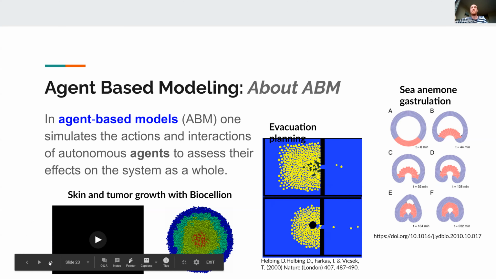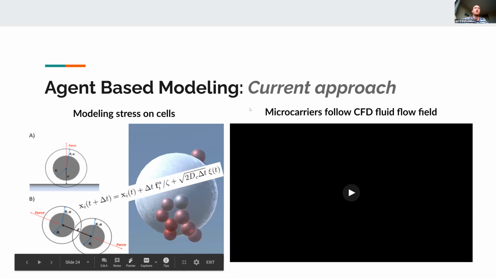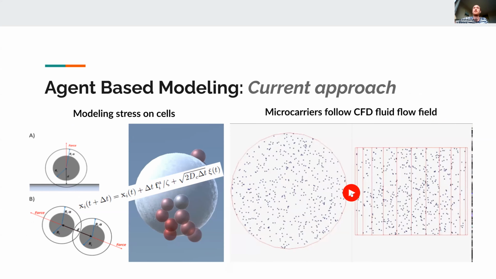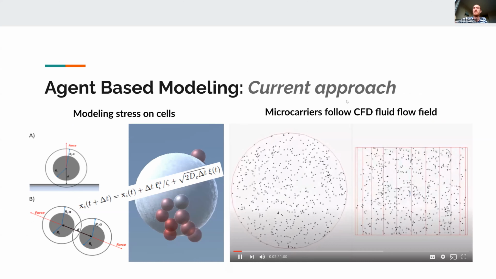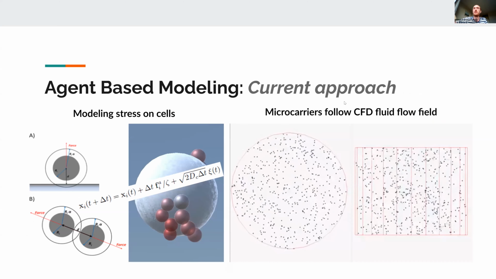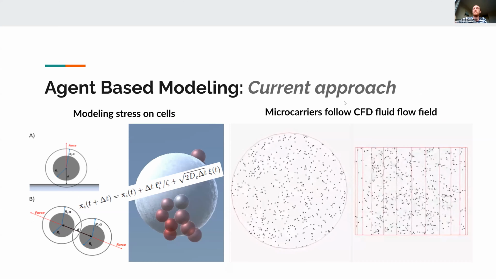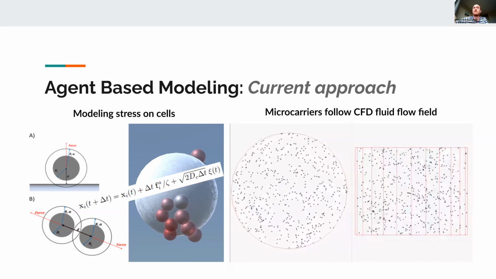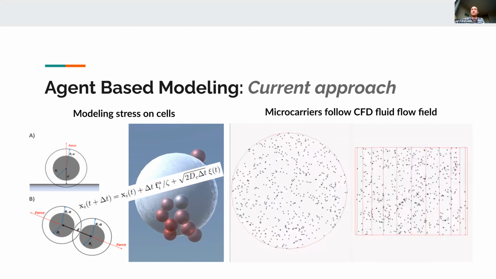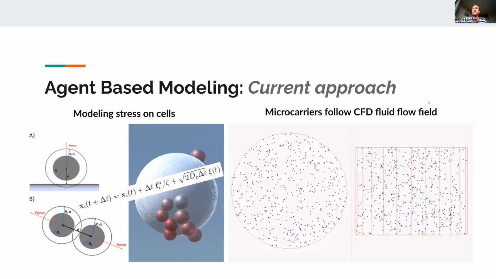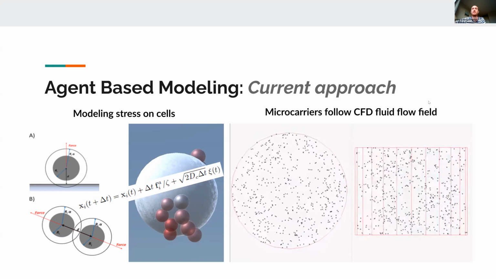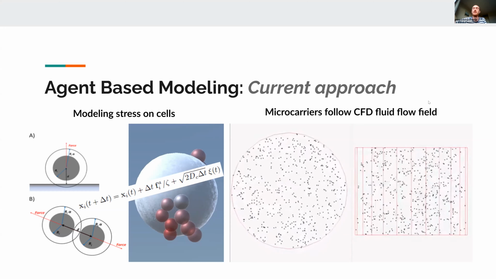So next slide, please. We use agent-based modeling to model the muscle cells and the microcarriers. We have two types of agents, cells and microcarriers, and cells like to adhere to microcarriers and to each other. All of these agents have several characteristics and can be in a certain state.